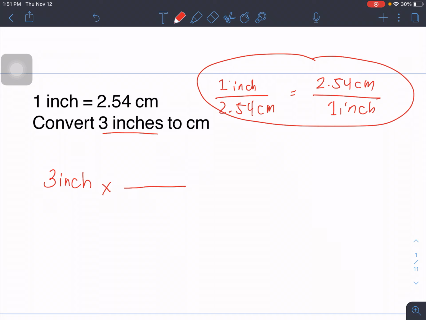In this case, since inch is on the top part, it would be better if the inch unit of the conversion factor will be assigned on the denominator. So again, this is 1 inch, this is 2.54 centimeter. With this, we could cancel out inch at the top part and the inch on the bottom part. So this will be equal to 3 times 2.54, which is equal to 7.62 centimeter.